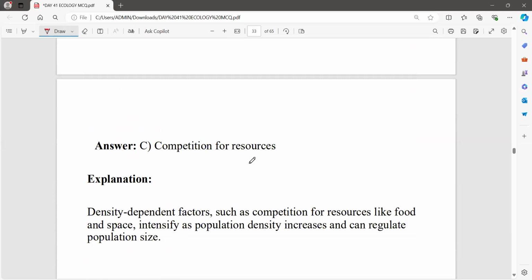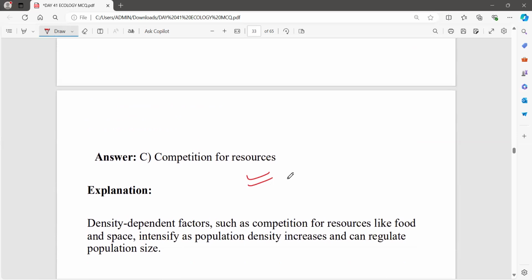Very good. This is what a good analysis. And the answer will be competition for resources. See, competition is not only for food, it is also for a place. To occupy that particular space, they also compete between themselves.